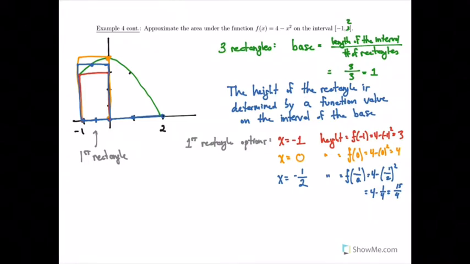So we're going to do that for each rectangle. Let's just think about, for the second rectangle here, we could maybe choose the right endpoint. And then maybe for the last one, we could choose the middle point.